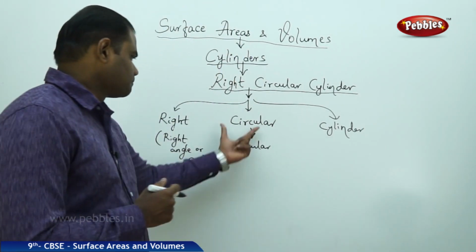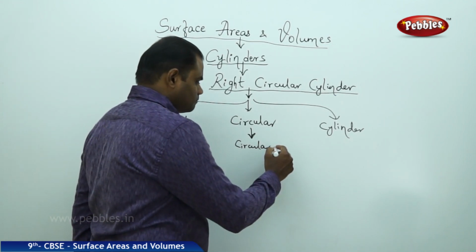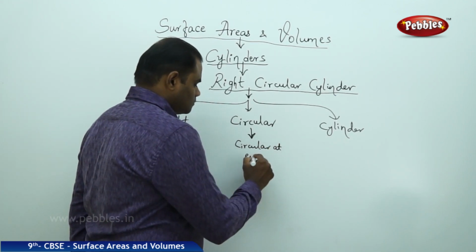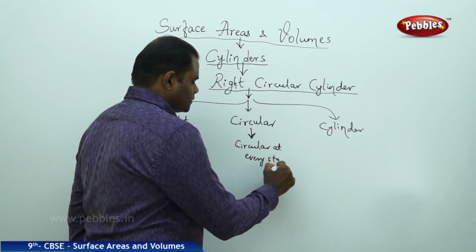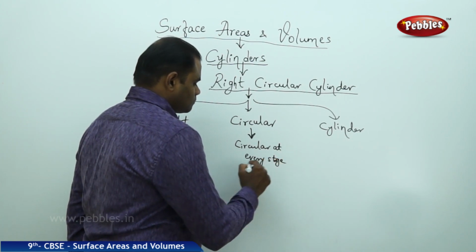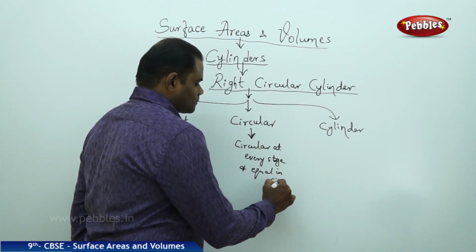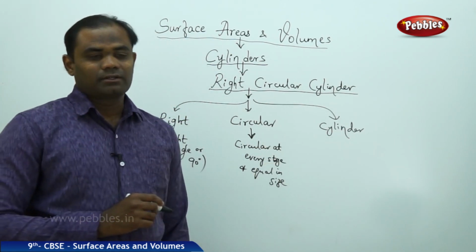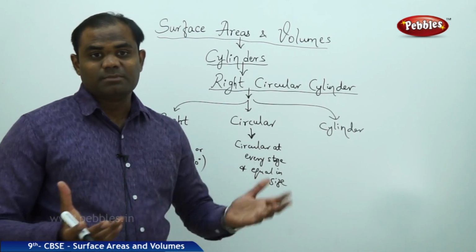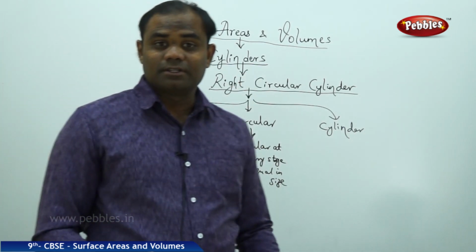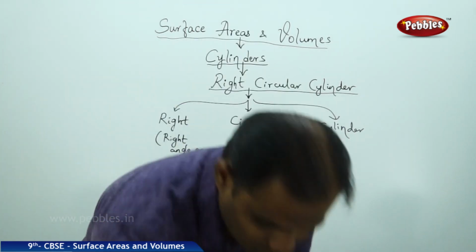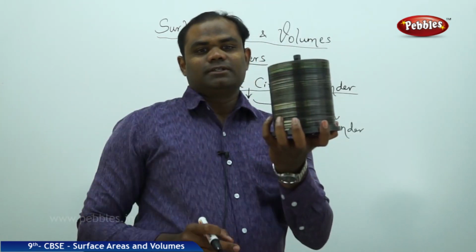It is circular at every stage and equal in size, which is how we understand circular. And of course, it must be the shape of a cylinder, as we have seen in the previous model.